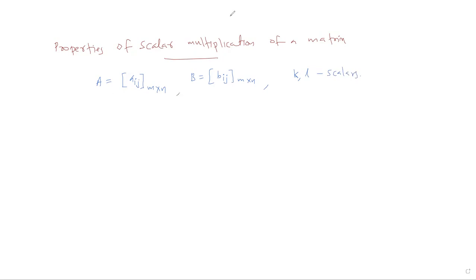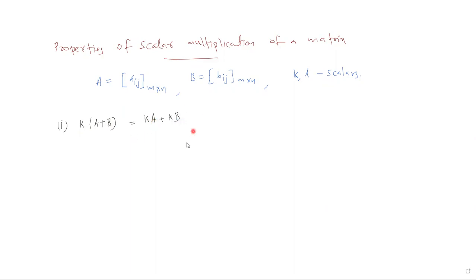So one property says K into (A plus B) is the same as K into A plus K into B. You can verify this yourself. If you want to multiply the sum of matrices with a constant, you can find the sum first and then multiply with the scalar, or multiply the first matrix with the scalar, the second matrix also with the scalar, then find the sum.